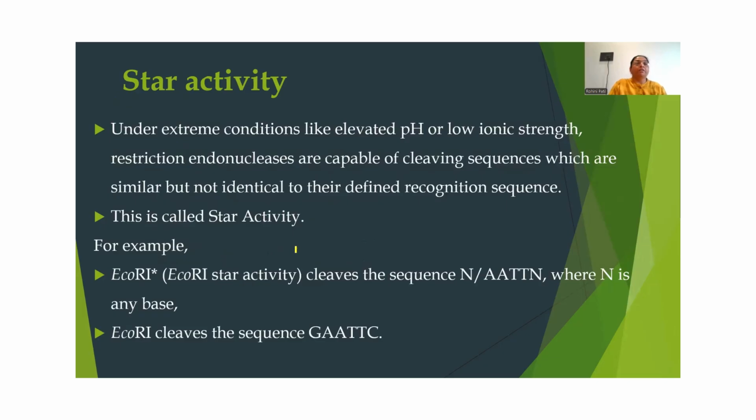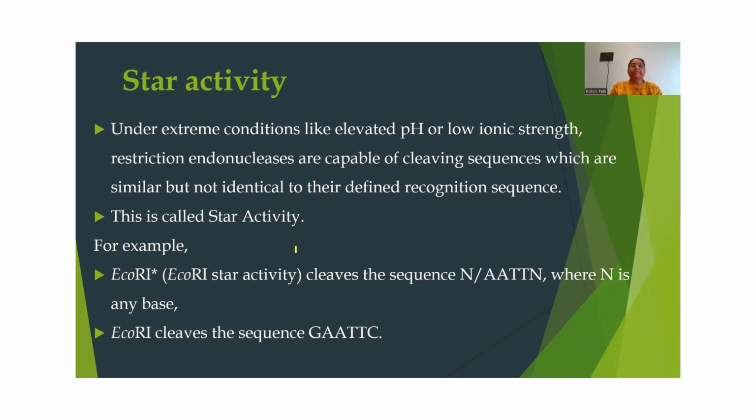Next one is star activity. In star activity, the sequence for cleavage changes. When you are doing restriction digestion, that is, cleaving the DNA with the help of a restriction enzyme, you are using buffers.